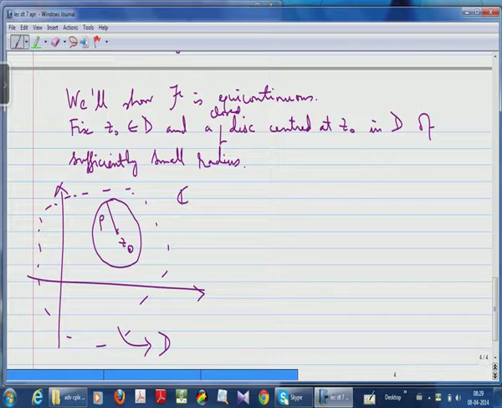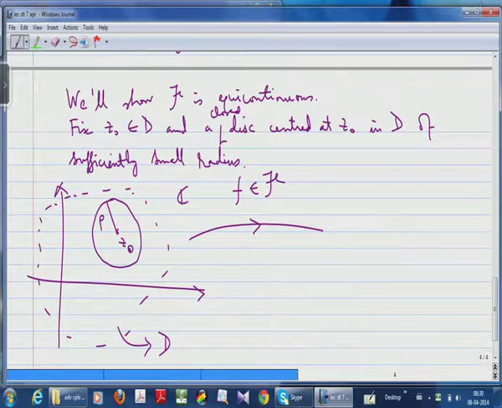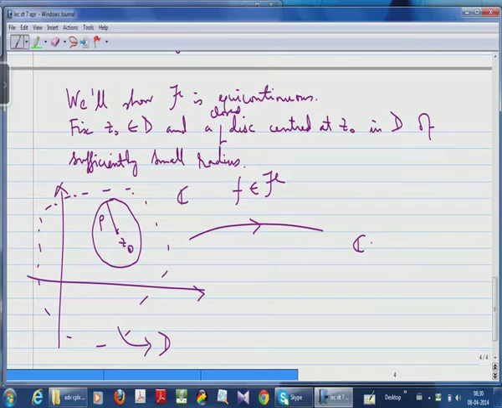I remember that if you take a function f in script F, mind you, the function is now being thought of as going into the Riemann sphere. So it is going into C union infinity, and C union infinity is identified, so I put a triple line, with the Riemann sphere.